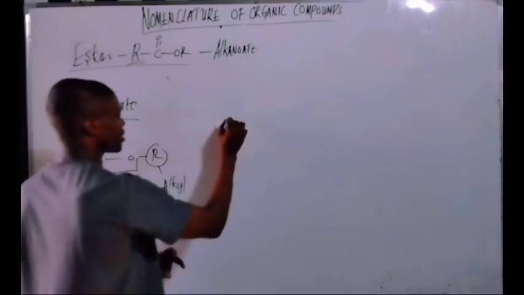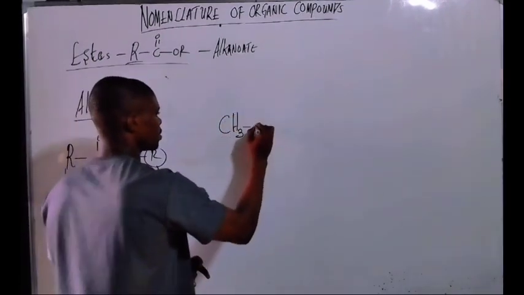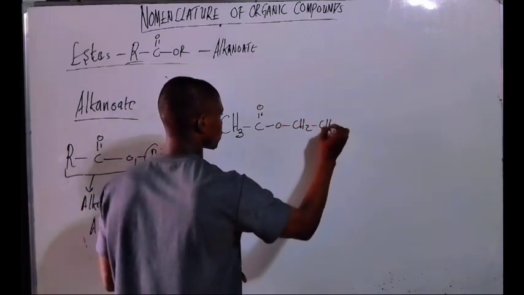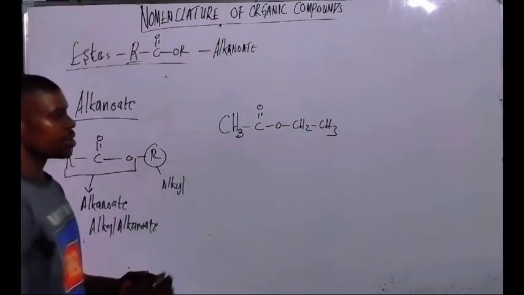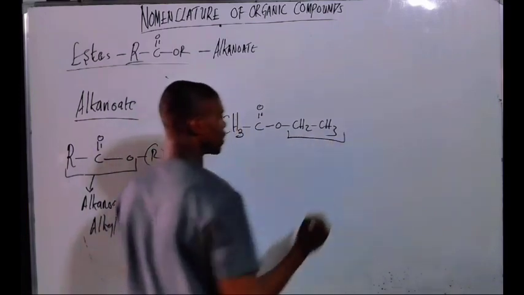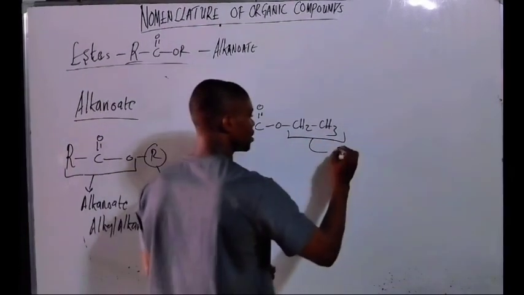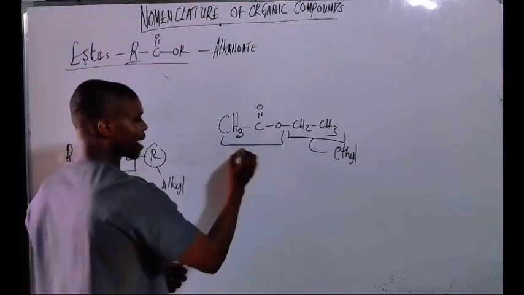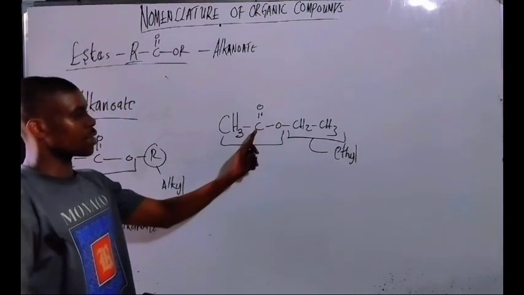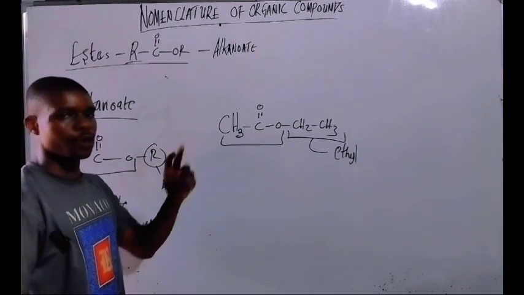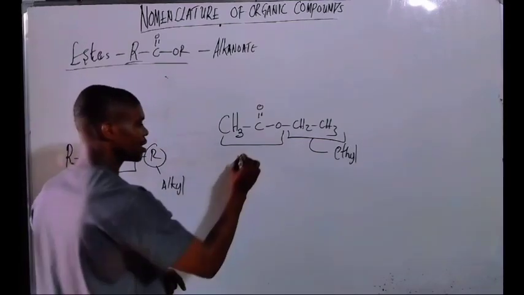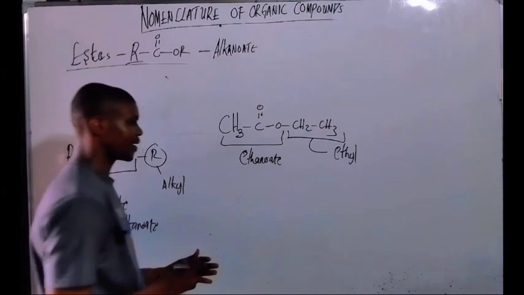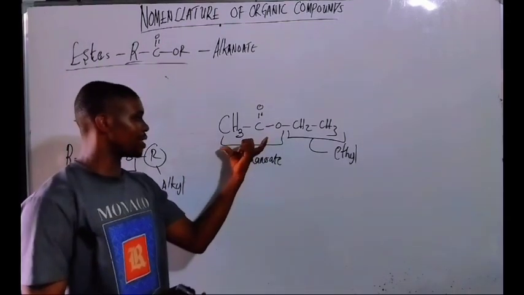For example, you have CH3 COO CH2CH3. This is the alkyl group, and this guy is called ethyl. From here to here is the alkanoate. Counting 1, 2, you're going to do ethanoate.